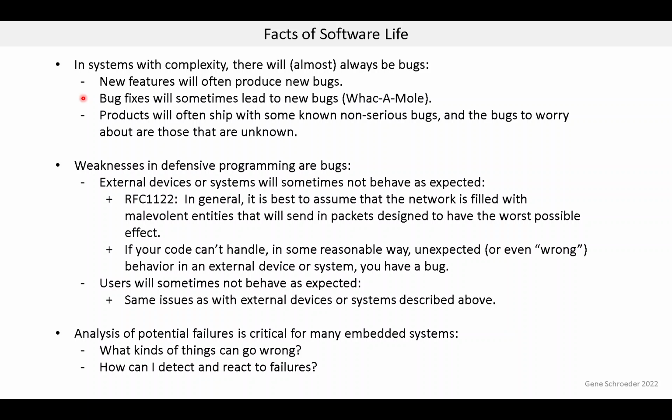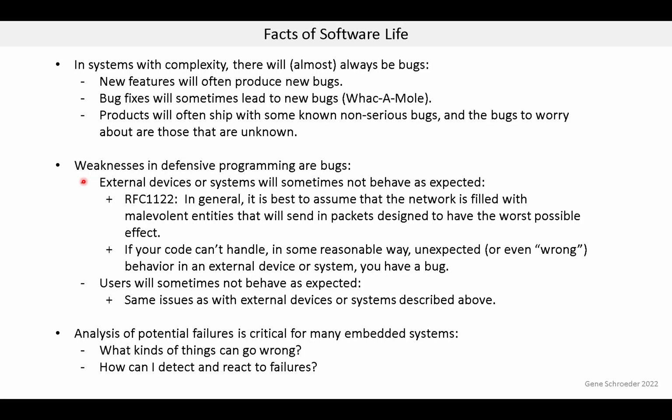Products will often ship with some known non-serious bugs, and the bugs to worry about are those that are unknown. If you know about the bug, it's usually not a big problem. Another principle is that weaknesses in defensive programming are bugs. And sometimes it takes a little bit to accept that.